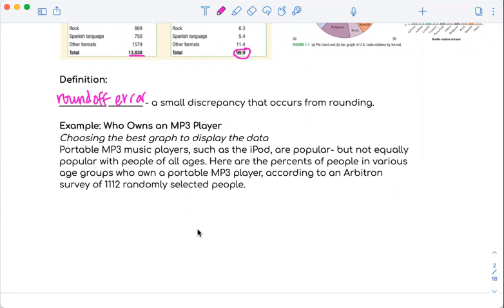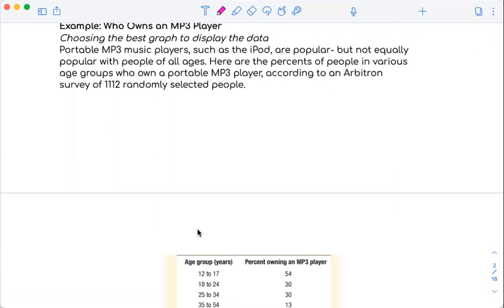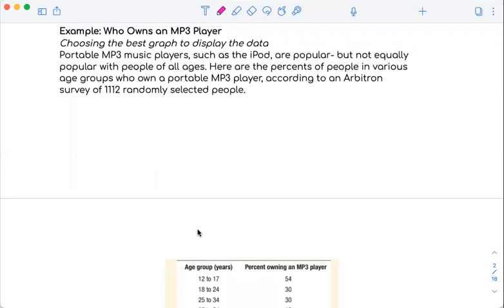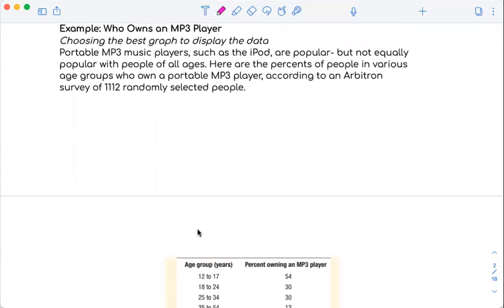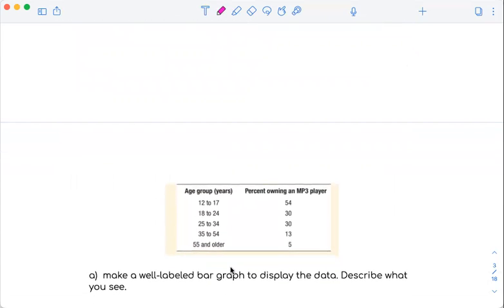So we want to choose a graph to display the data. And I'll let you read through that. And here is the table that they came up with. So we have the age group and then the percent owning the MP3 player.